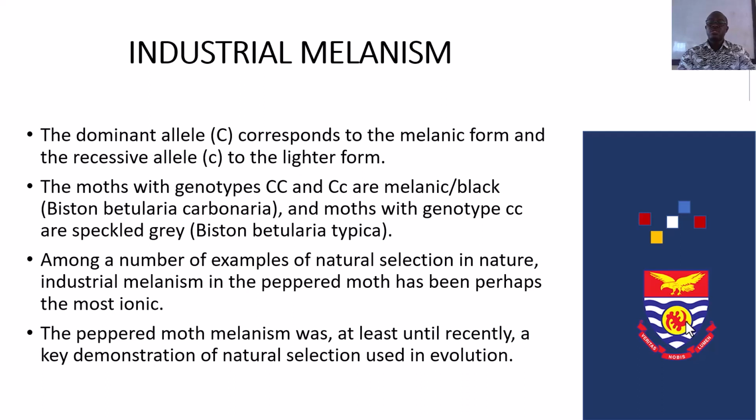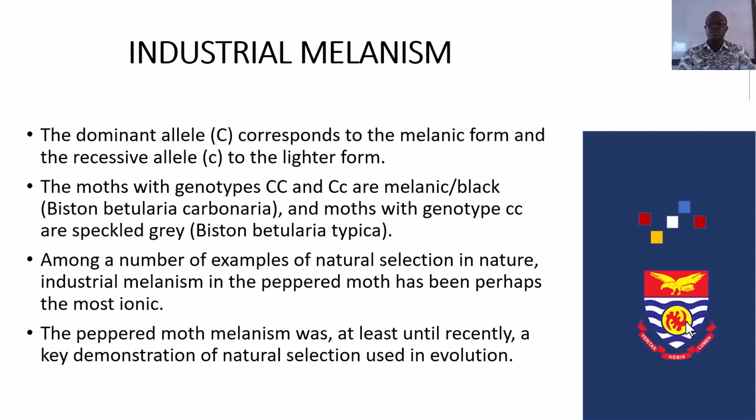The moths with dominant and codominant genotypes are melanic black, Biston betularia carbonaria, and moths with recessive genotypes are speckled gray, Biston betularia typica. Among a number of examples of natural selection in nature, industrial melanism in the peppered moth has been perhaps the most iconic.